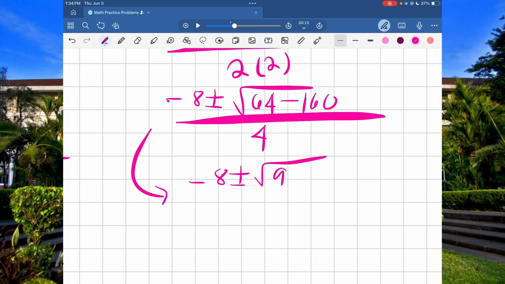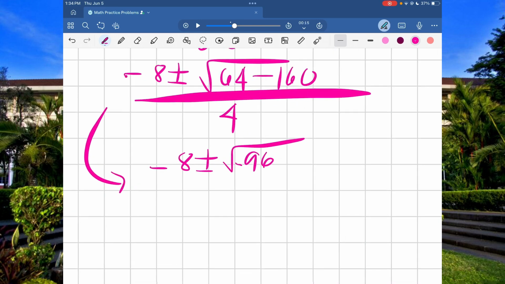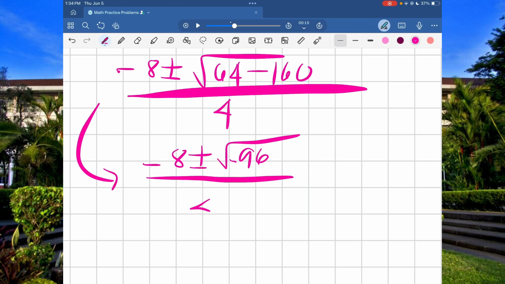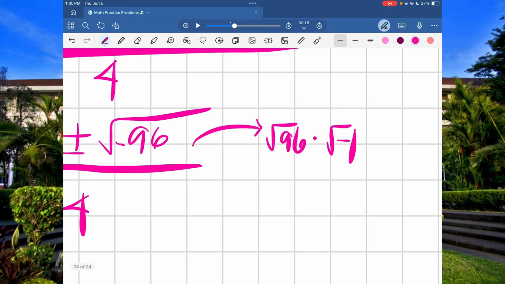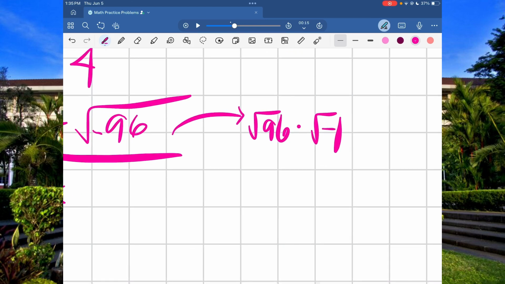That is 96, negative 96. So divided by 4, we are going to factor out the negative one. So we have square root of 96 times square root of negative 1.